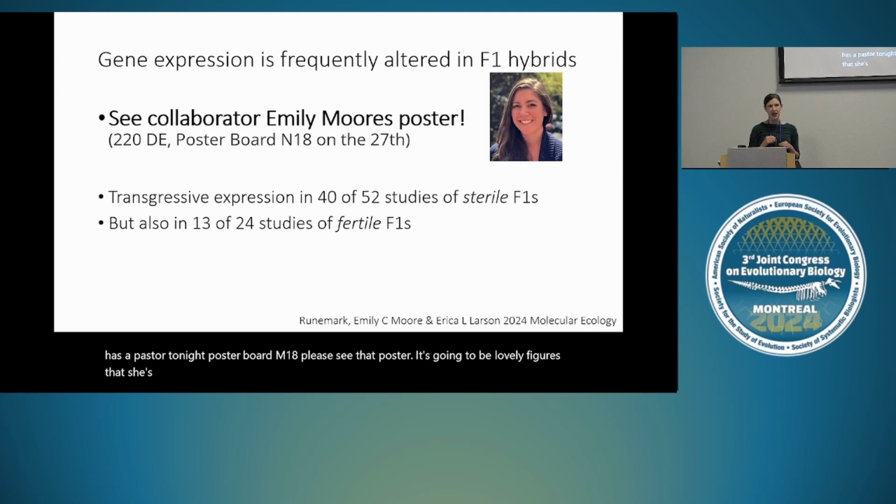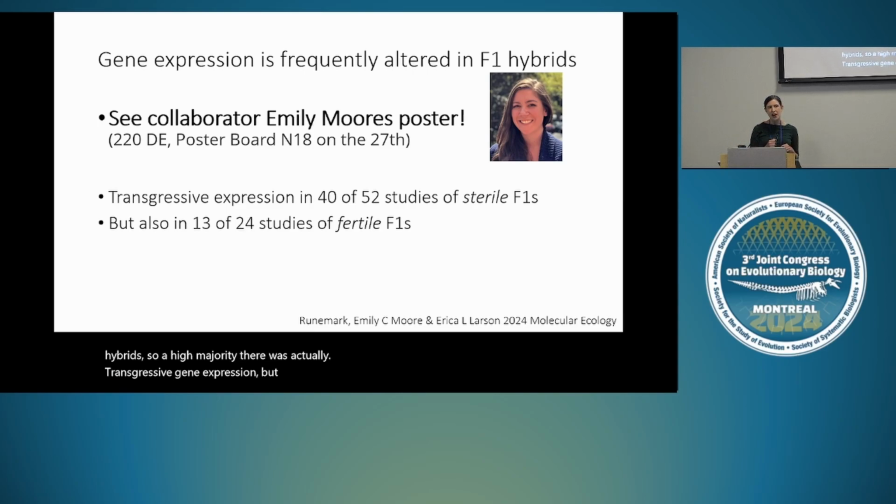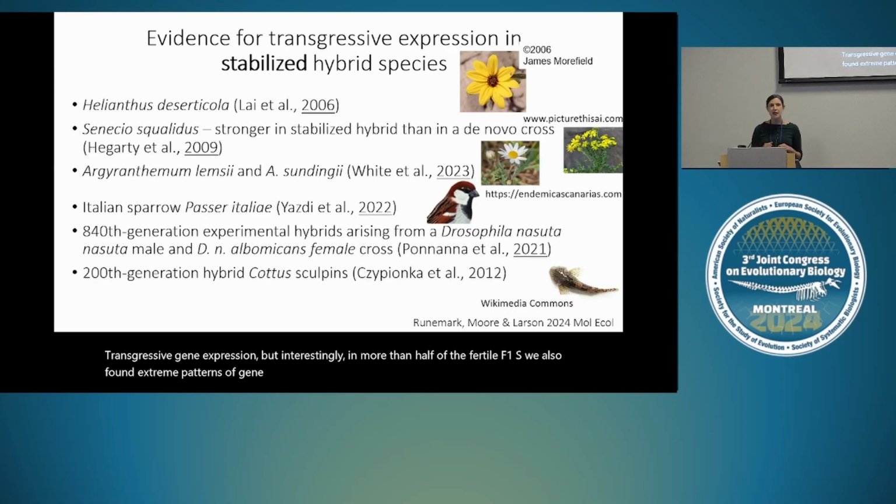Erika Larsson and I reviewed the evidence for gene expression in F1s and other early generation hybrids. We found that in 40 out of 52 studies of sterile hybrids, so a high majority, there was transgressive gene expression. Interestingly, in more than half of the fertile F1s, we also found extreme patterns of gene expression. Even more intriguing, I think, is that we find evidence of transgressive gene expression also in stabilized hybrid lineages or species.